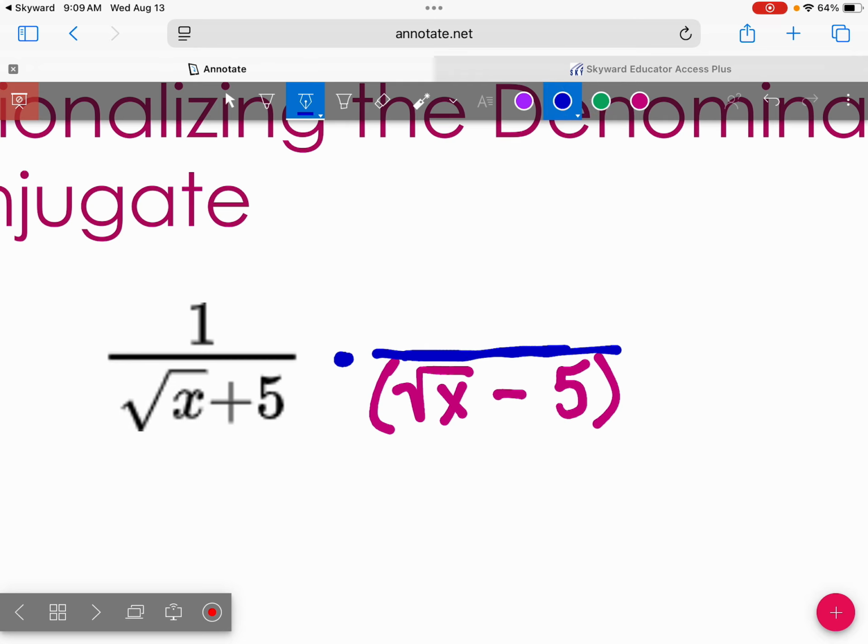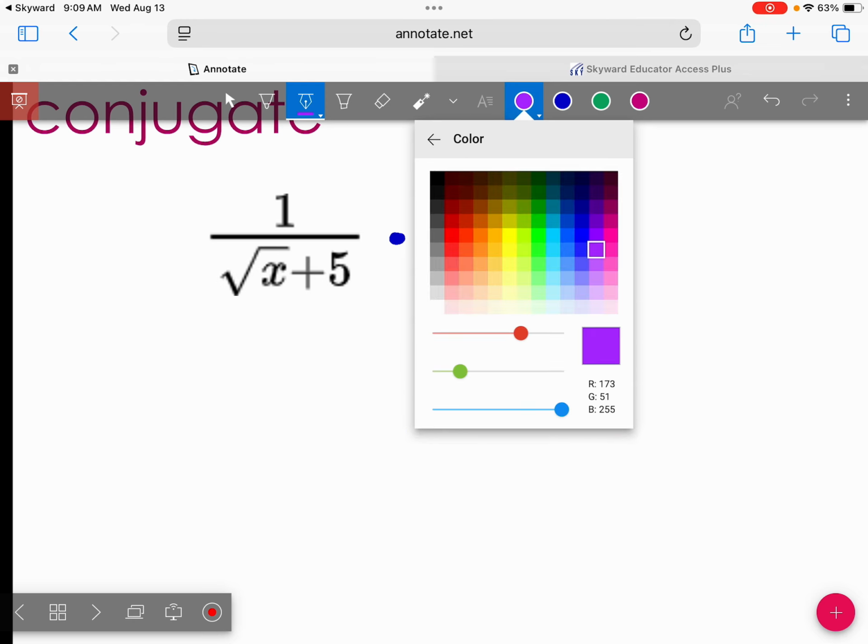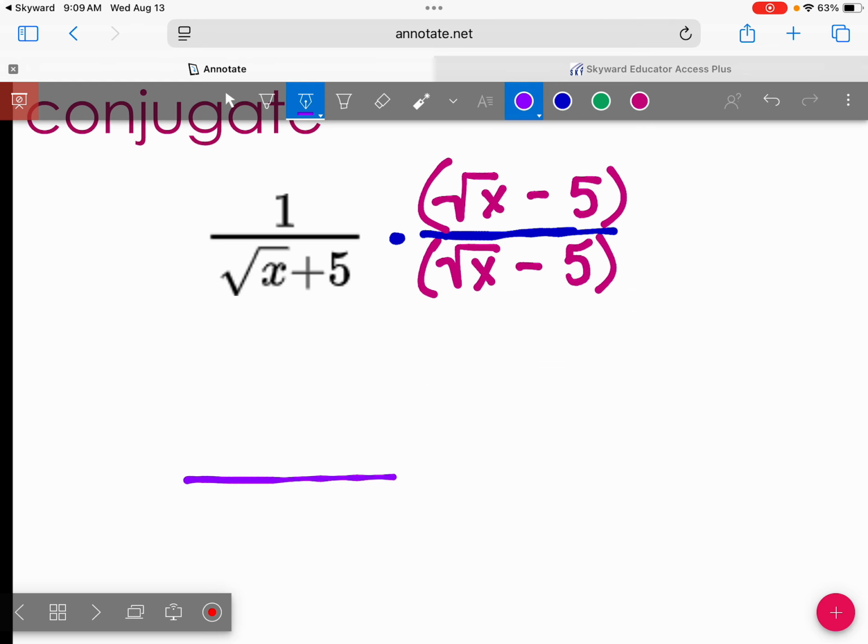Since I cannot just randomly multiply by that on the denominator, we use it as our numerator as well. Square root of x minus 5. When we multiply these pieces together, we're going to have our square root of x times square root of x.